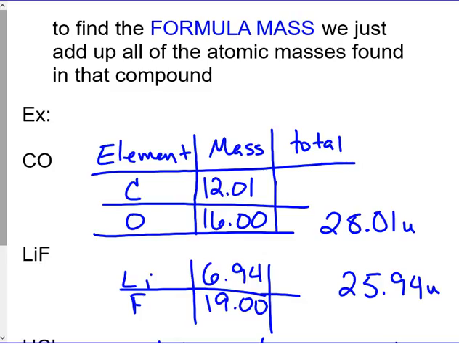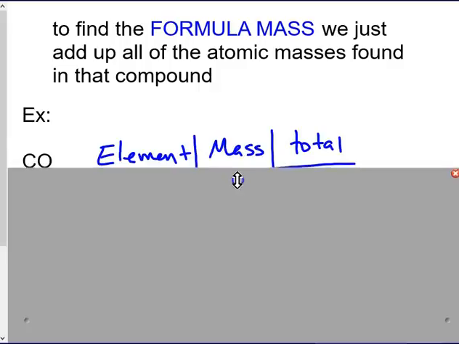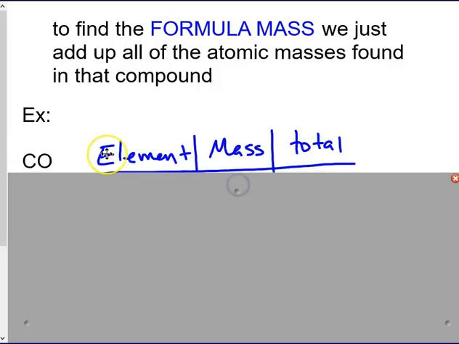All right, so finding the formula mass. When we say the formula mass, we say that the chemical formula is a combination of symbols, letters, and numbers that tell us how many atoms of each element are composed in the compound. So what I do is I make a little chart like this, where I say element and the mass and the total.